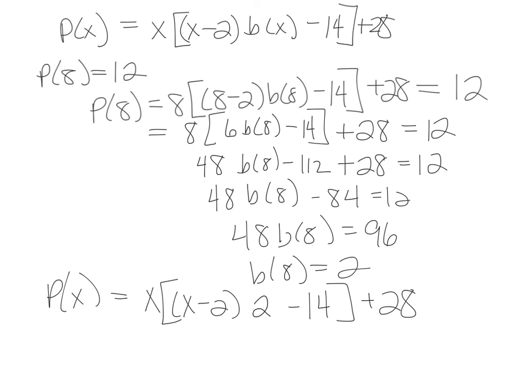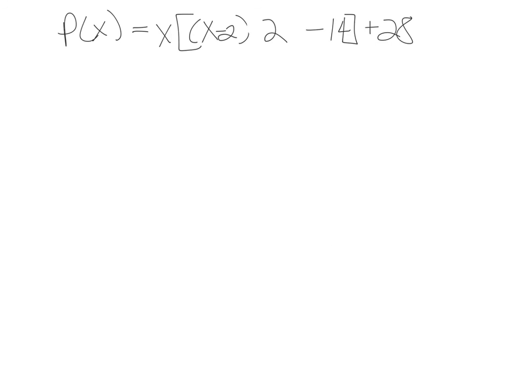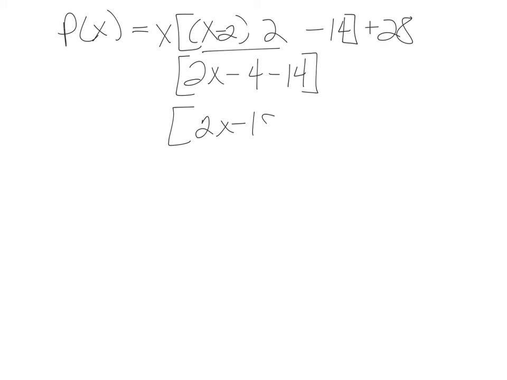Okay, to get our final answer, we do need to simplify this, or get it into something that makes sense. I need one more piece of paper. Okay, let's simplify this. I'm going to distribute that 2 first. 2x minus 4 minus 14. I'm still working within this bracket. 2x minus 18.